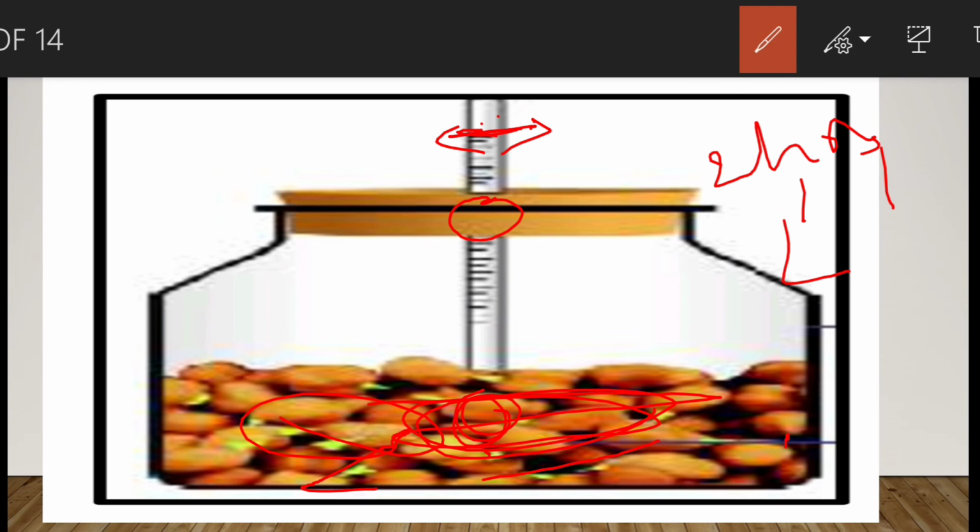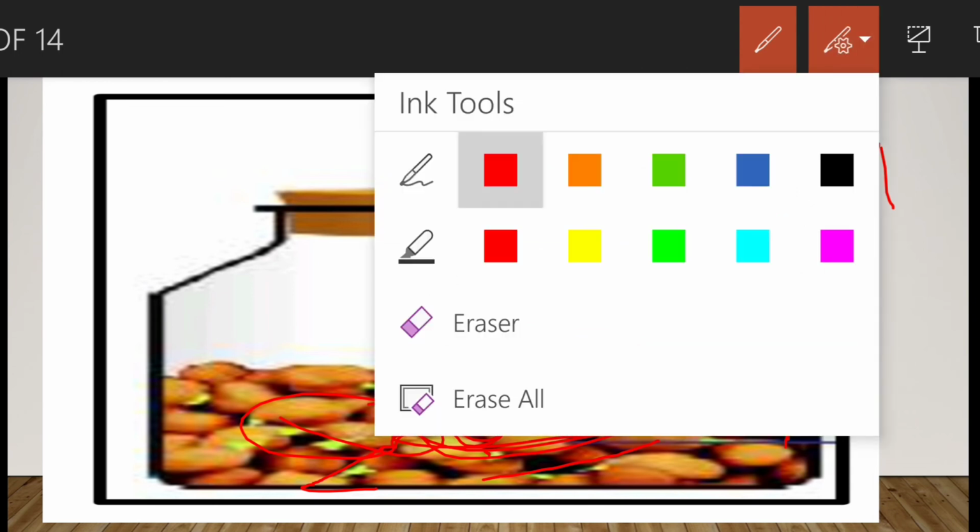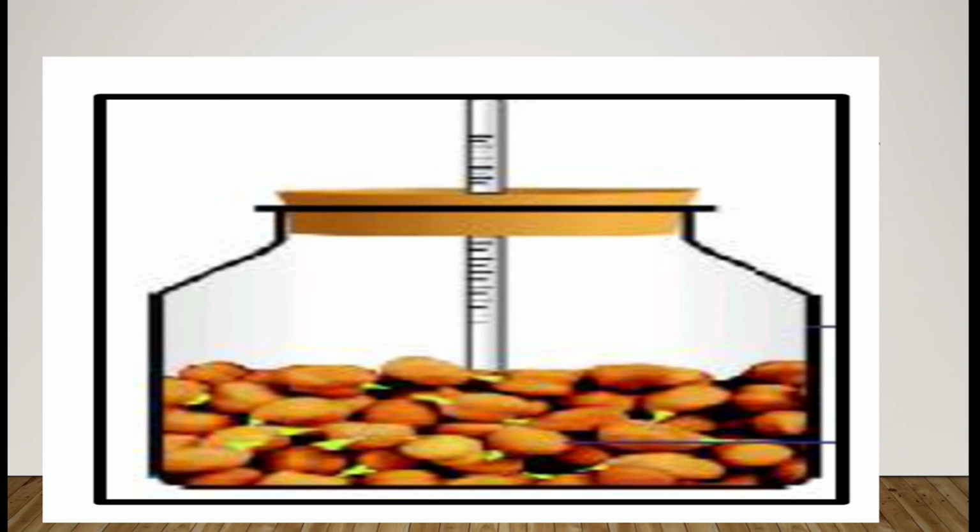But in which flask is there an increase? In the thermos flask containing the sprouts, the thermometer reading increases. But the thermometer in the dry seeds does not show any change. So this is the difference between the 2 flasks.